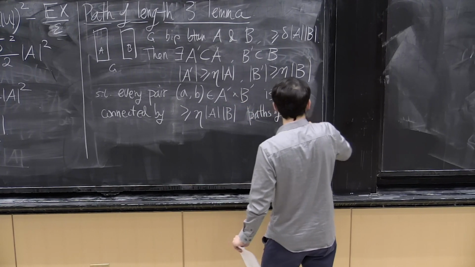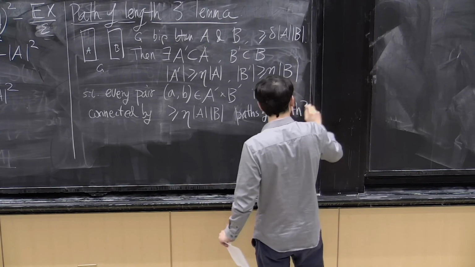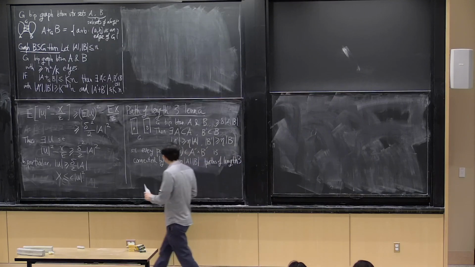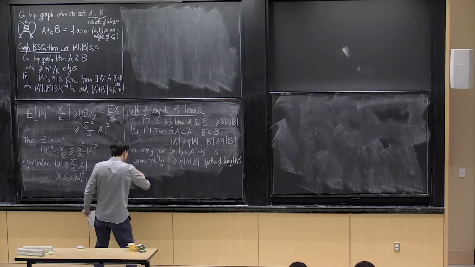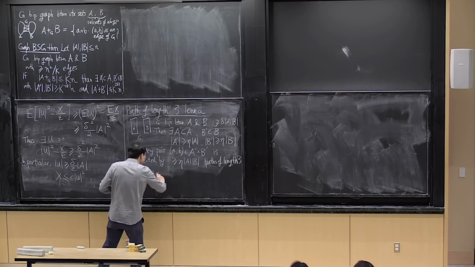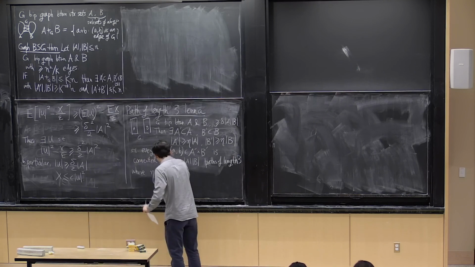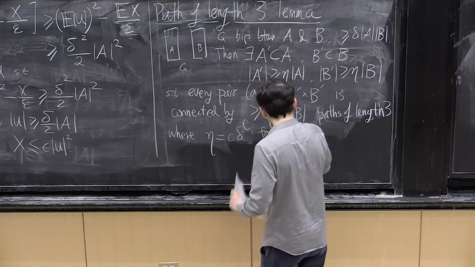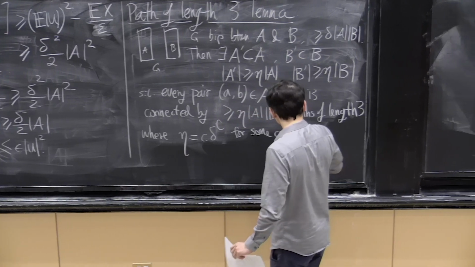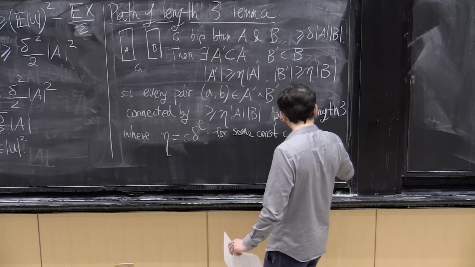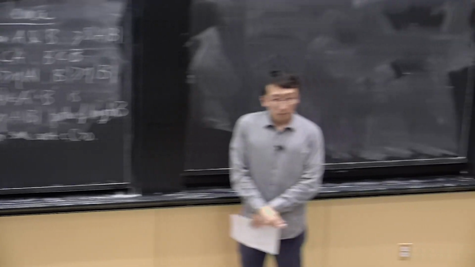So okay, a path of length 3 means there are 3 edges. And here, this eta is basically the original error term up to a polynomial change. Okay.